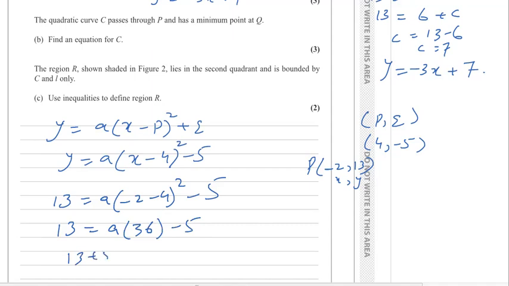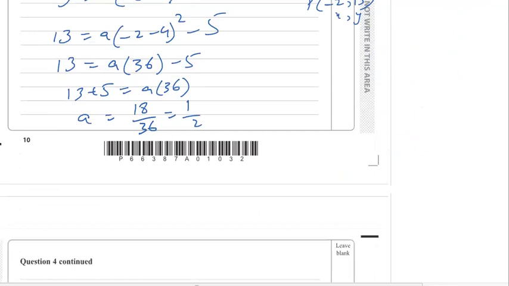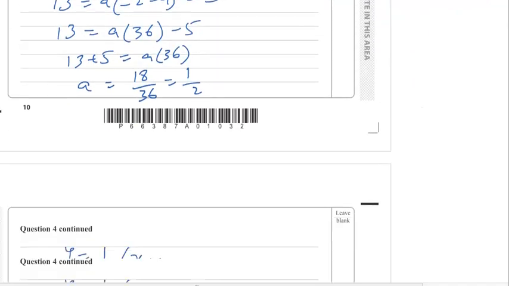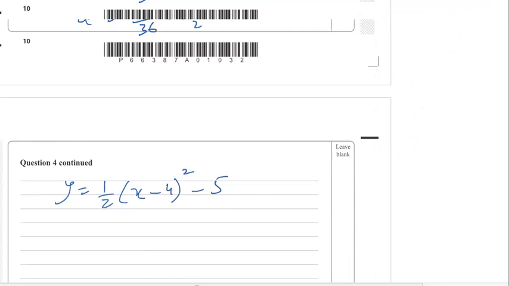So 13 + 5 is equal to a times 36, so a will become 18 over 36, which is 1/2. If I replace the value of a here, the equation of the curve will be y = 1/2 (x - 4)^2 - 5. So that is the equation of the curve.